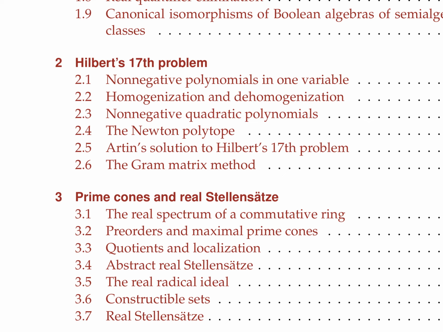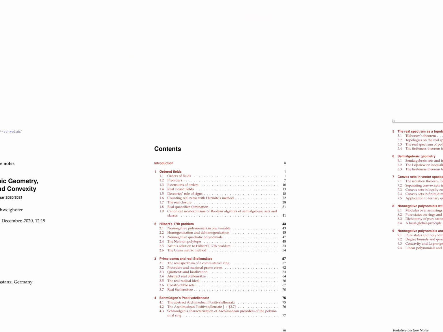So what is Hilbert's 17th problem? Well, if you have a polynomial over the reals, or at least you can state it in this way. Hilbert stated it technically slightly different, but it amounts to the same thing.